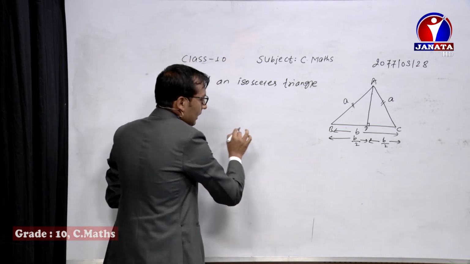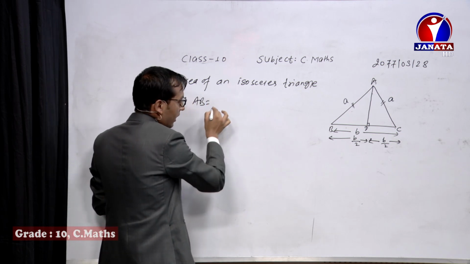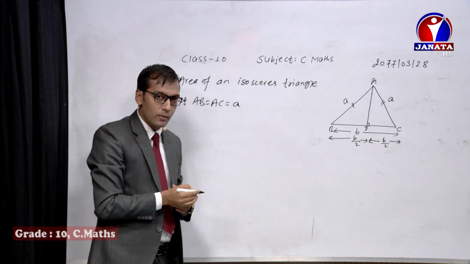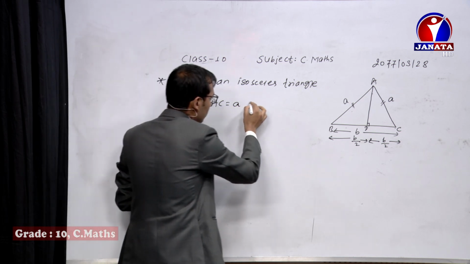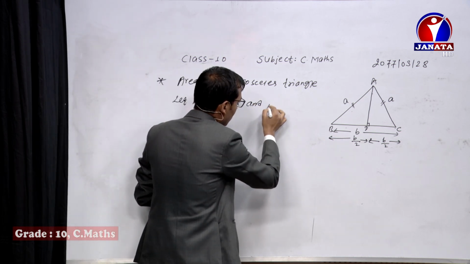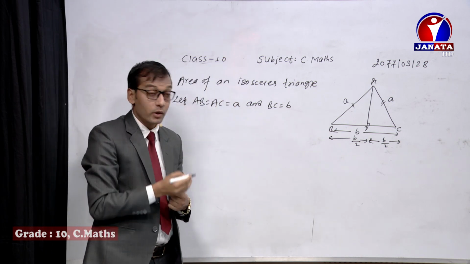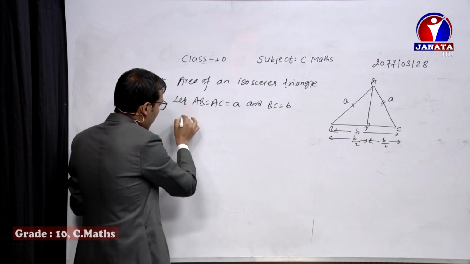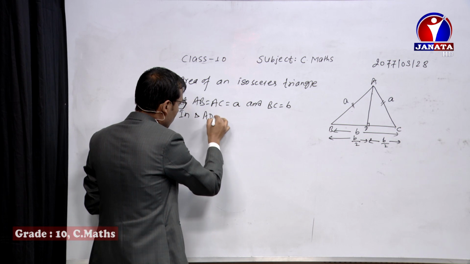Here let AB and AC be equal sides. I am supposing the two equal sides by A and its base BC by B. This is my supposition. So I am taking the right angle triangle ADC.